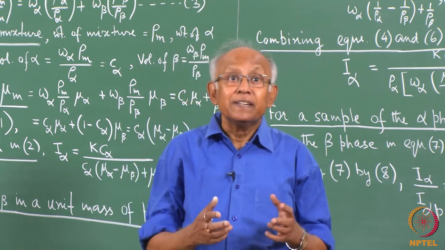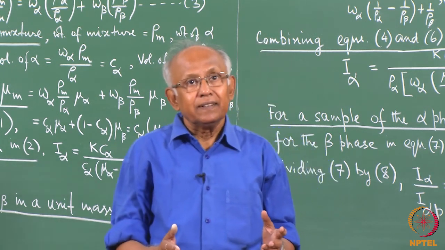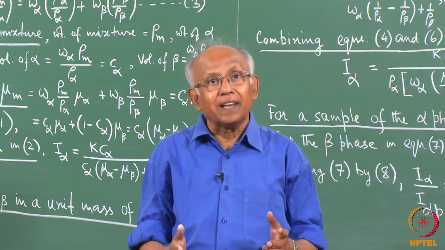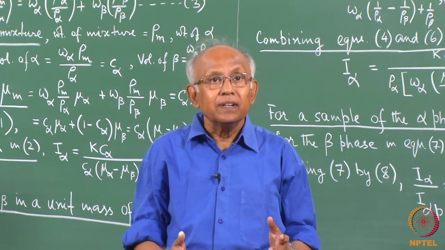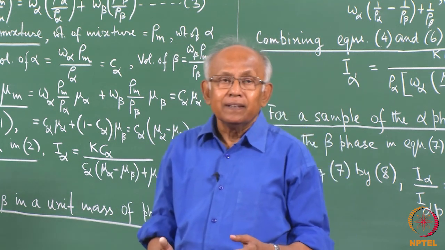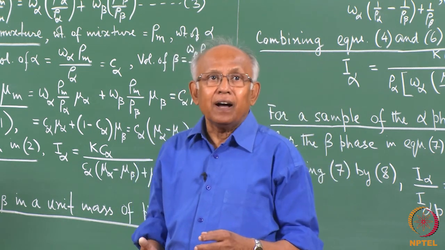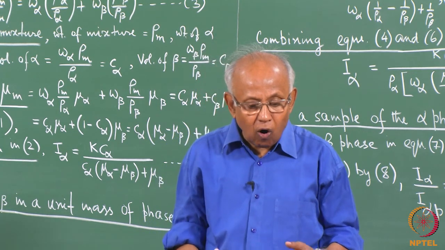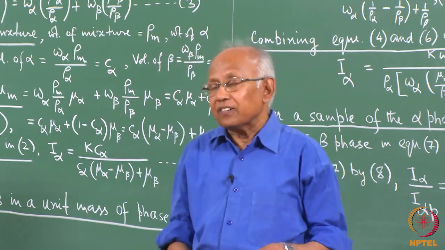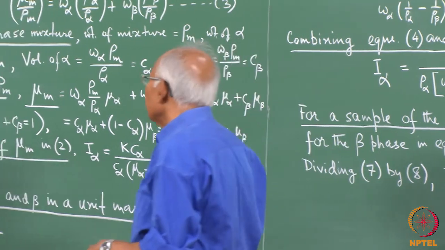So, when we are dealing with a phase mixture, the intensity of a line of a particular phase, the expression for that must be multiplied by W alpha, the weight fraction, or C alpha, the volume fraction of the particular phase.